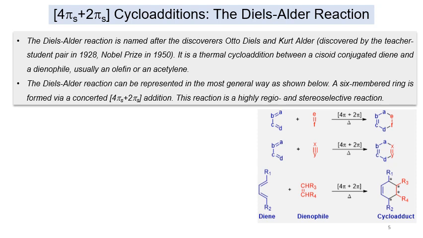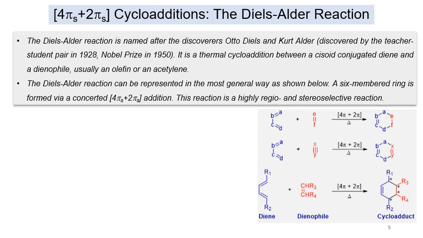A six-membered ring is formed by a concerted transformation, which is a 4pi s plus 2pi s, and the reaction essentially is highly regioselective and stereoselective.